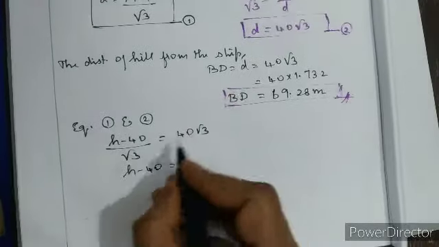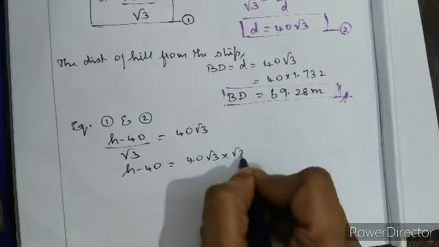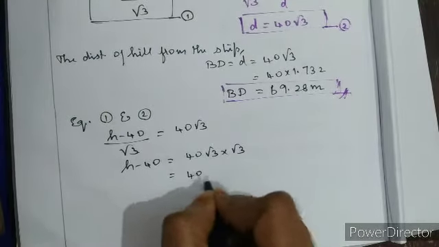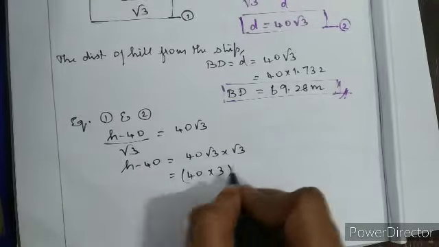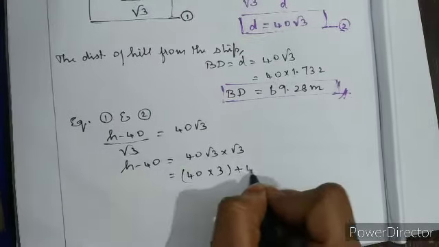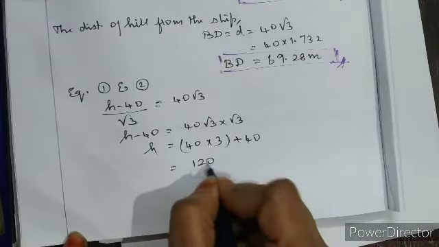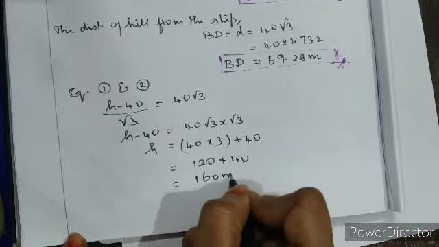Root 3 from this side goes across as multiplication, and root 3 into root 3 is 3. So we can write this as 40 into 3. When minus 40 goes to the other side, it becomes plus 40, that is H is equal to 120 plus 40, which is 160 meter.